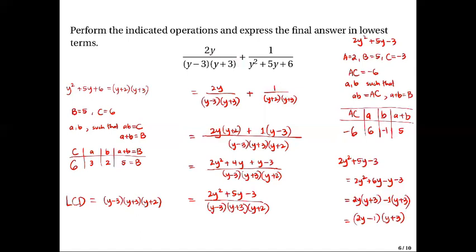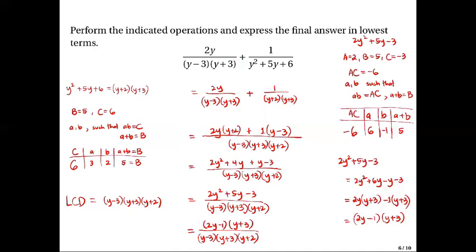So in the numerator here, we can now replace 2y squared plus 5y minus 3 by 2y minus 1 times y plus 3. And then on the denominator, we'll just copy y minus 3 times y plus 3 times y plus 2.